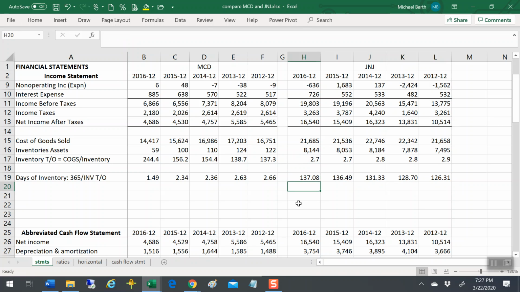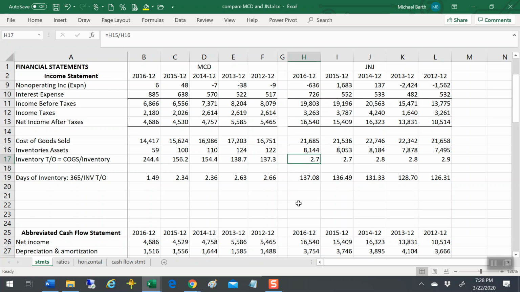That's roughly almost 5 months. So if your inventory lasted on average every 4.5 months, if you sold every bit of it off and then replenished it and sold every bit of it off and then replenished it and then sold 70% of it off, you could turn it over about 2.7 times per year.